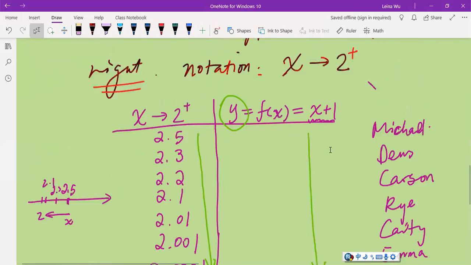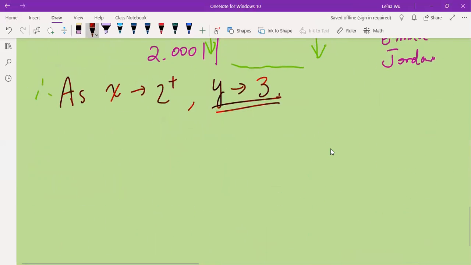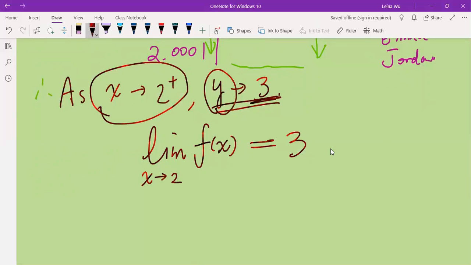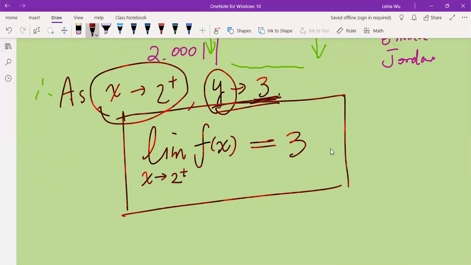So this time, how do we write it? We're going to say the limit of this function f of x is 3 when x is approaching 2 from the right. Okay, so this is the conclusion when you observe this function from the perspective of x approaching 2 from the right.